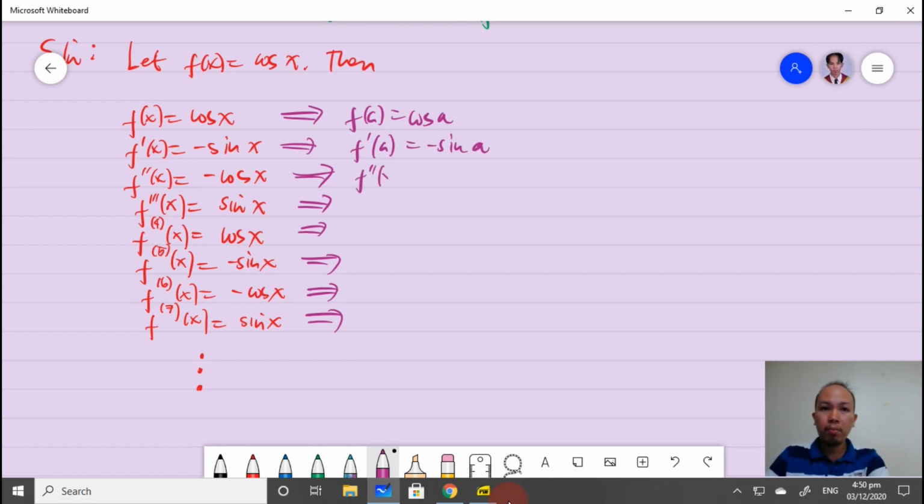The second derivative is negative cosine a. The third derivative is sine a, and so on.